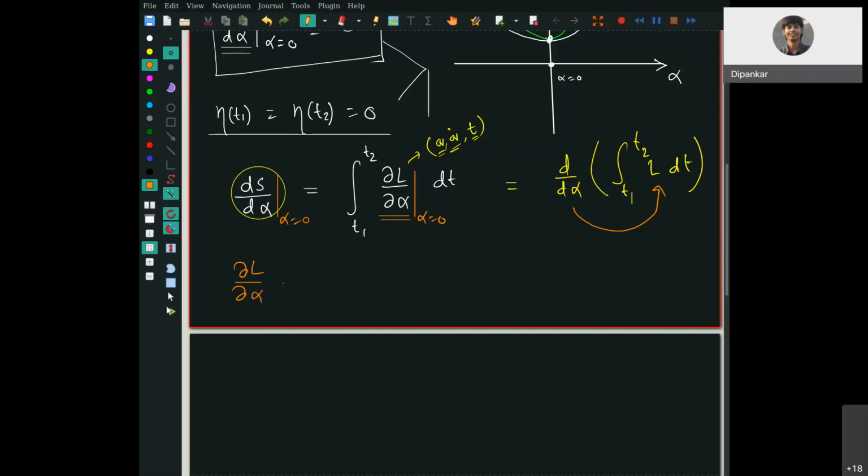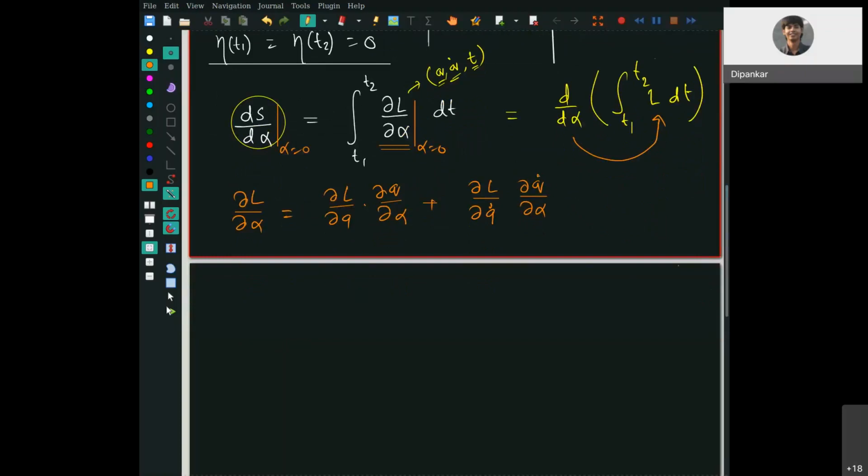So now ∂L/∂α. Remember, L is a function of q, q dot and t. So first of all, you will have ∂L/∂q times ∂q/∂α using the chain rule, and then ∂L/∂q dot times ∂q dot/∂α. Now, let me remind you, since q was q0 plus alpha eta, then q dot would be q0 dot plus alpha eta dot.